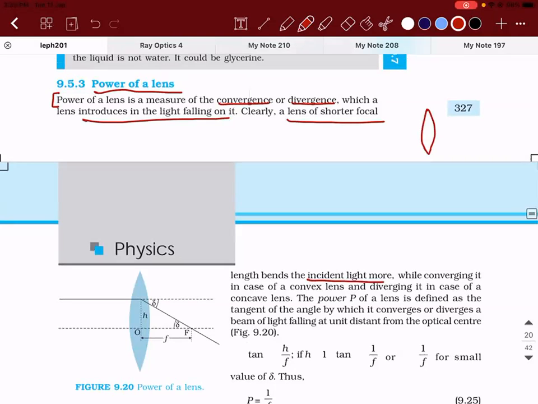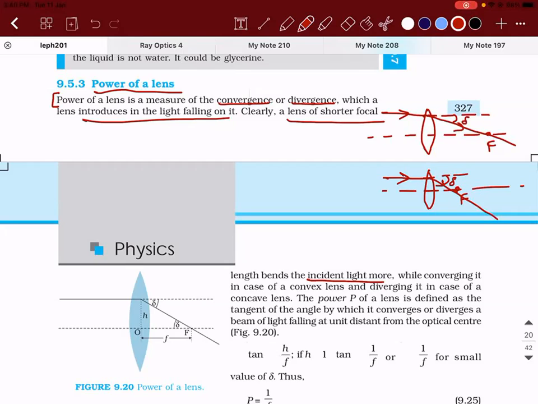See, if one focus is here, if I have another lens whose focus is here, if I take a ray incident parallel to the principal axis, which one will make this ray get converged more? This bend is more compared to this bend. In the sense, this angle of deviation is going to be different in both the cases.